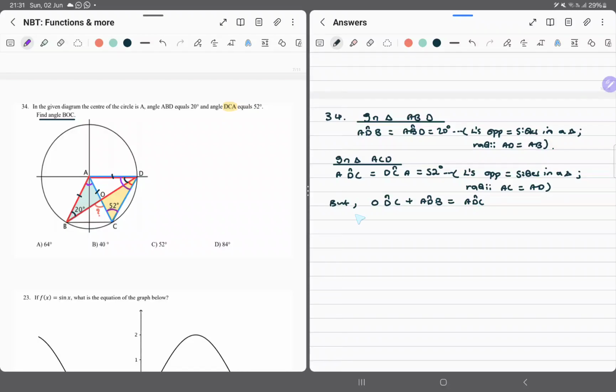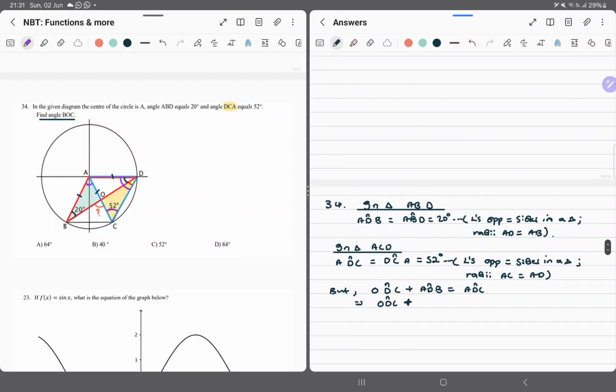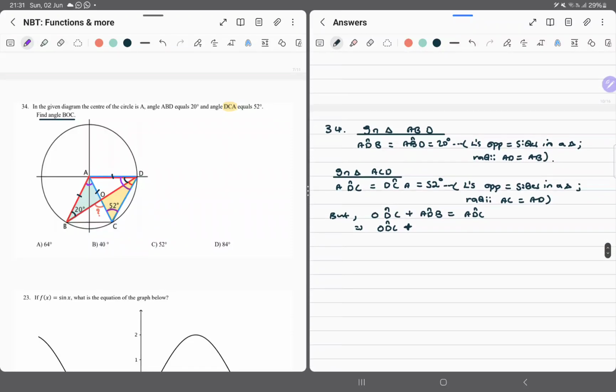This one is evident. We don't have to worry. So ODC is what we want, plus ADB. ADB, we realized it's 20 degrees, is equal to 52 degrees.